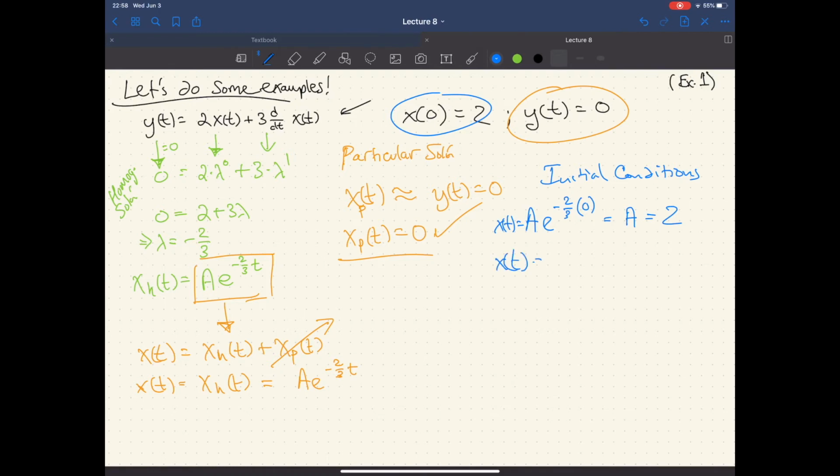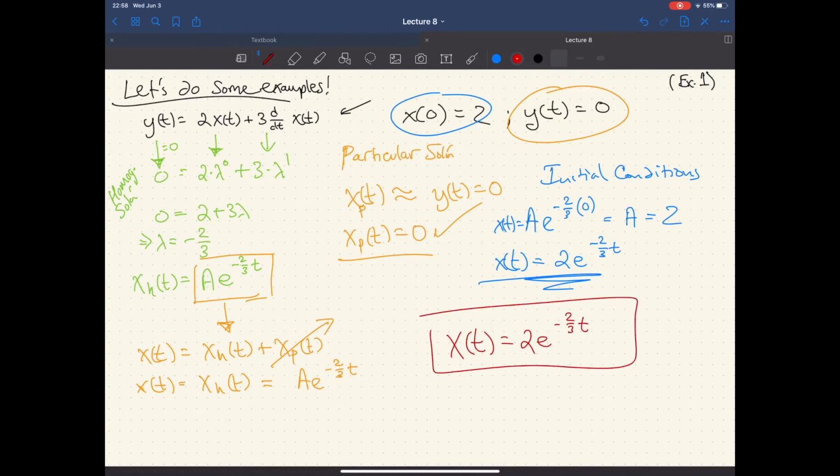So x of t is equal to 2 e to the minus 2/3 t. That's it. That's our final solution. So x of t is equal to 2e to the minus 2 over 3t. Big box around it. Now go check it.